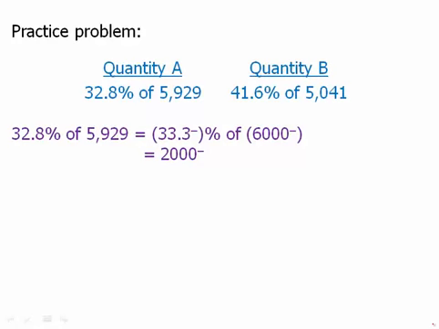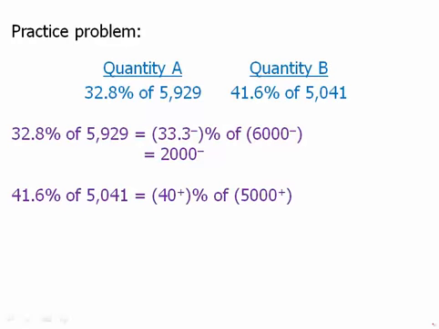Now look at the other one. 41.6% of something a little over 5,000. So I'm going to write this again as something a little over 40% of something a little over 5,000. Well, 40% of 5,000 would be 2,000. And this answer would equal something slightly larger than 2,000.